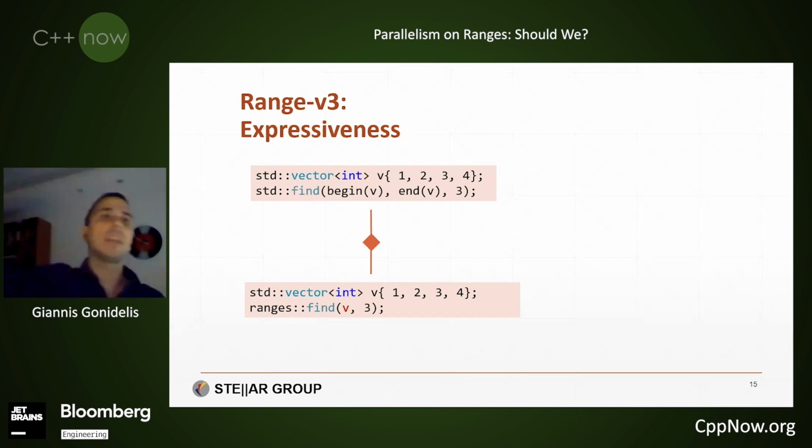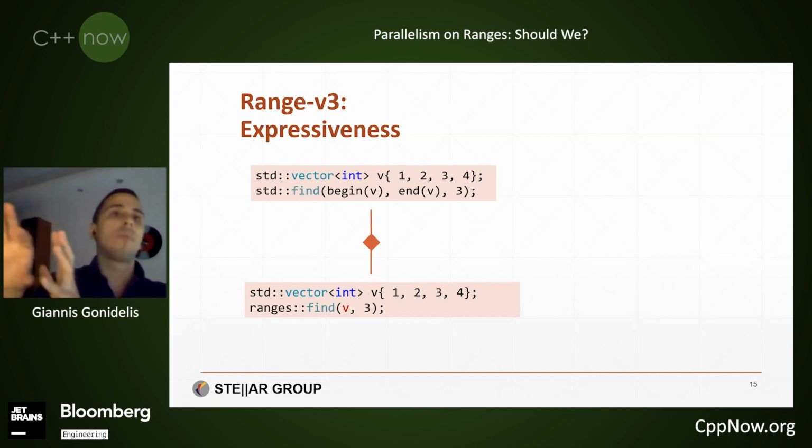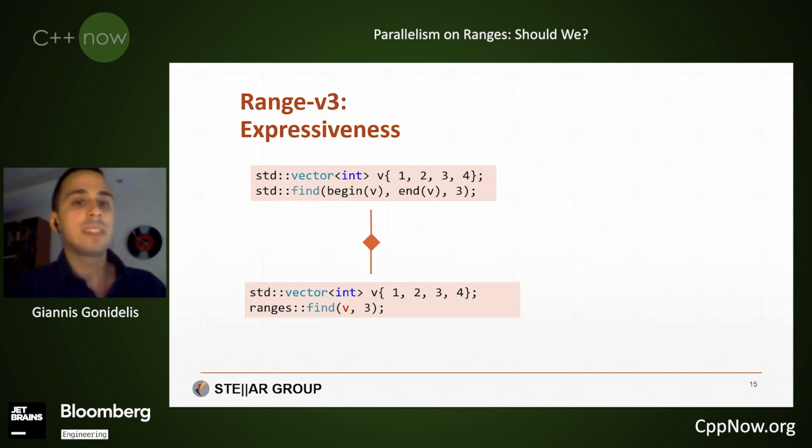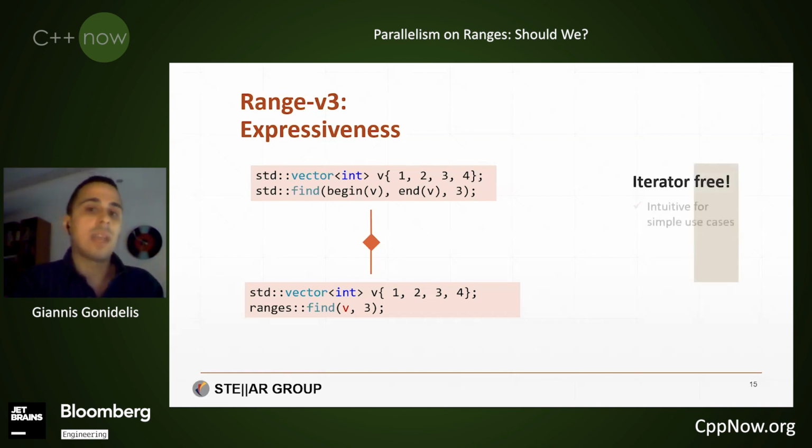So you had begins and ends all over the place, and your actual algorithmic operation was just a small part of the screen, and it was not readable. The user had to actually sit down and understand what this was all about. And now range v3 comes and saves the day by just letting you pass your single range in there, and it would just be the same result.